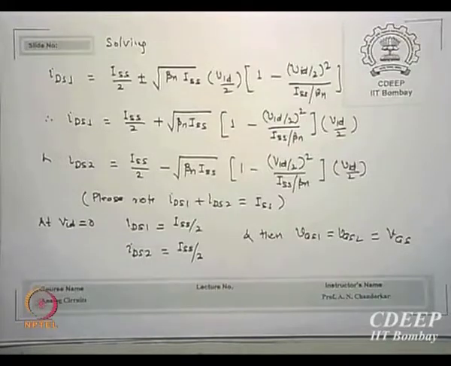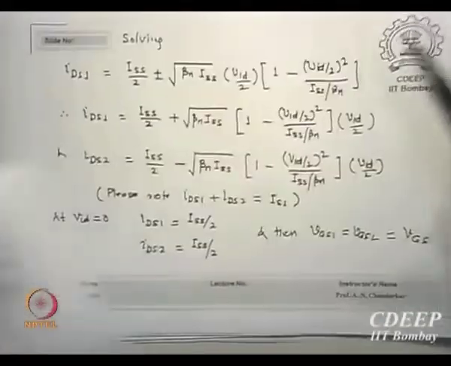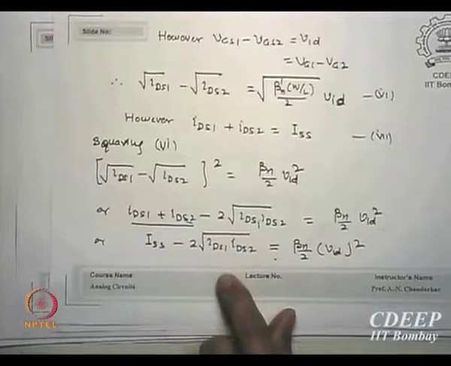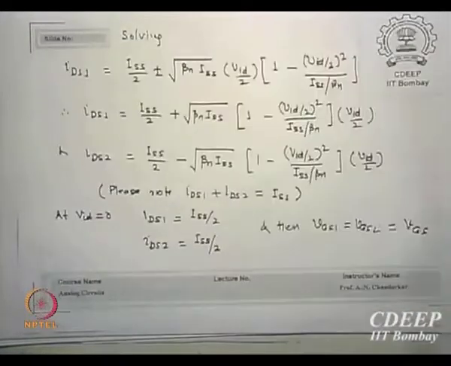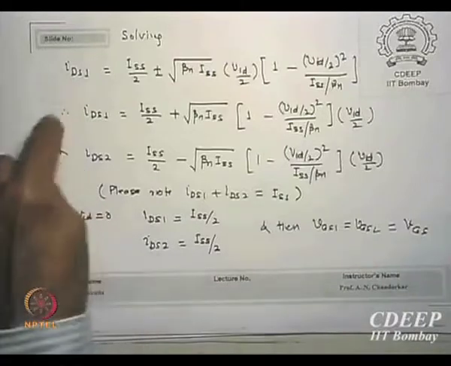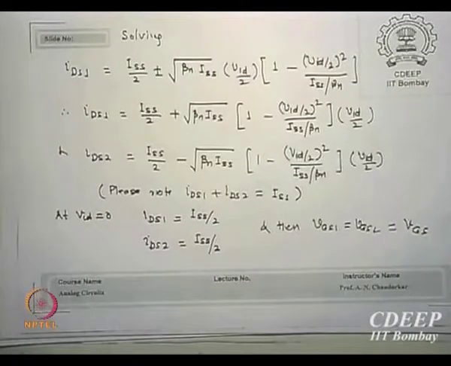Did I get the point? I just resubstituted the last equations which I got. I can solve this equation now, and using this I can evaluate IDS1 and IDS2 in terms of ISS, beta and VID. Two equations I got for IDS1 and IDS2.